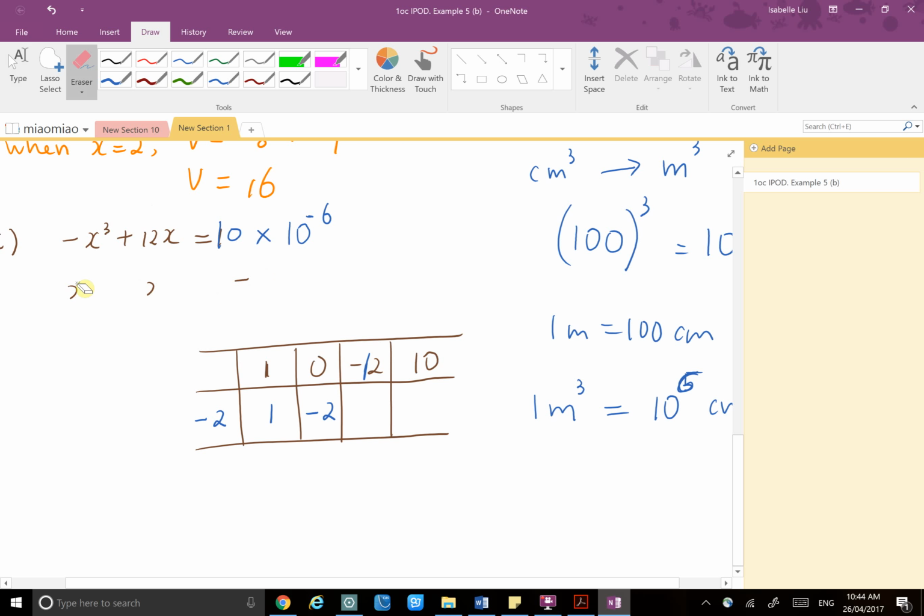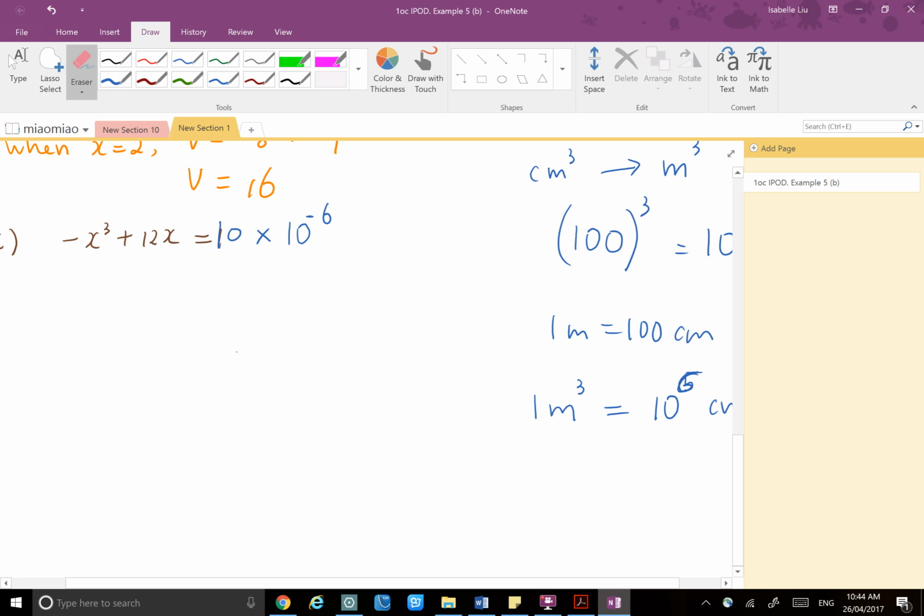And you will just solve that by CAS. I'm not going to show you how to calculate that. You can work that out. And remember to find the y value.